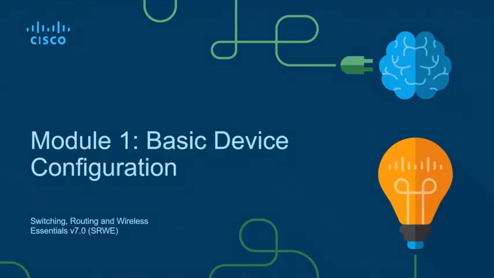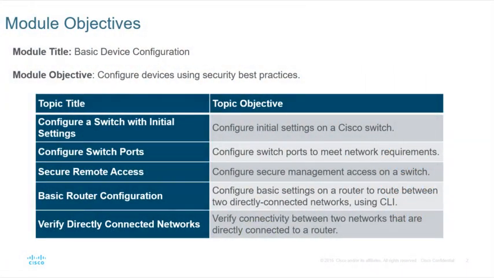So in this module, mainly basic device configurations, and you're going to even look through the new basic configurations. The areas that we're going to cover: configure switch with initial settings, we've already covered this.